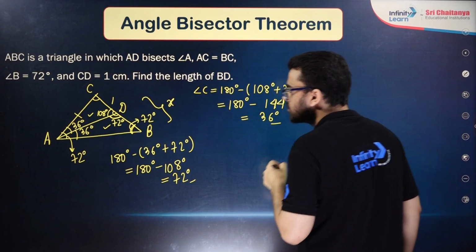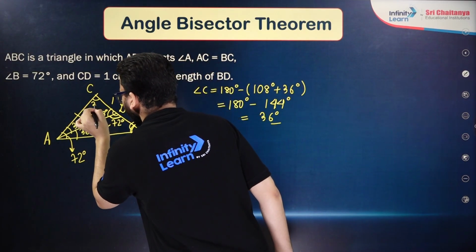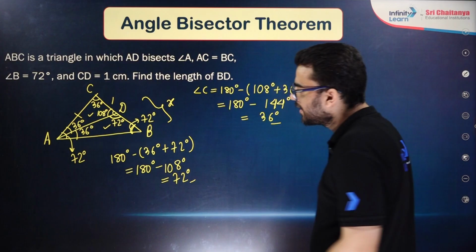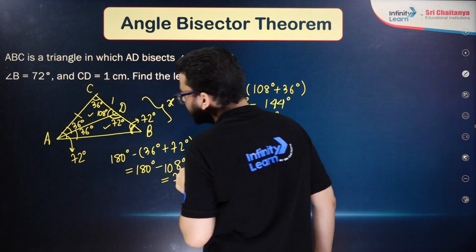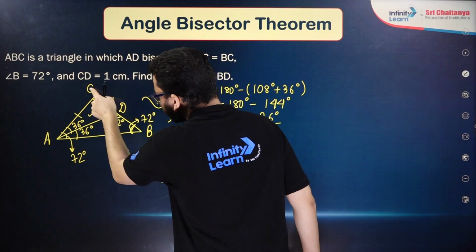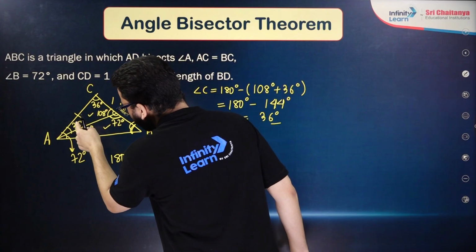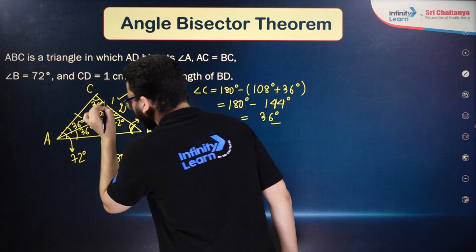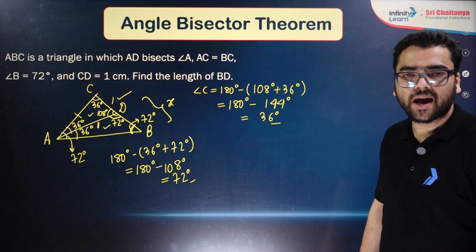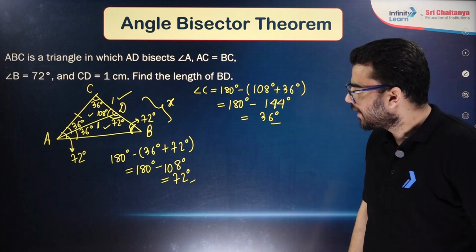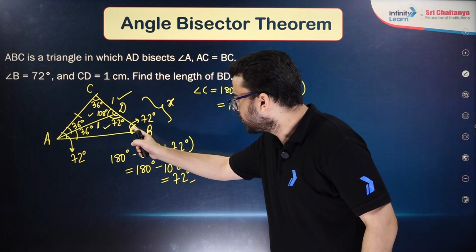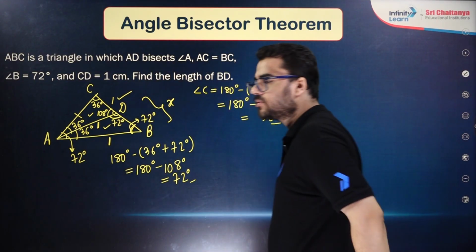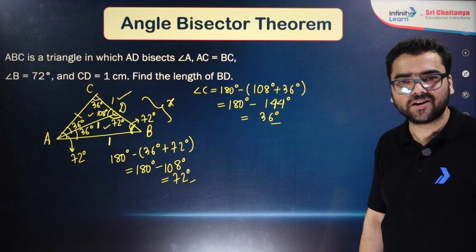So this is also 36 degrees. Are you able to observe that if this angle is equal to this angle, and this is 1, this is also going to be 1, because sides opposite to equal angles of a triangle are equal. And if this is 72 and this is 72, this is also going to be 1, because sides opposite to equal angles of a triangle are equal.